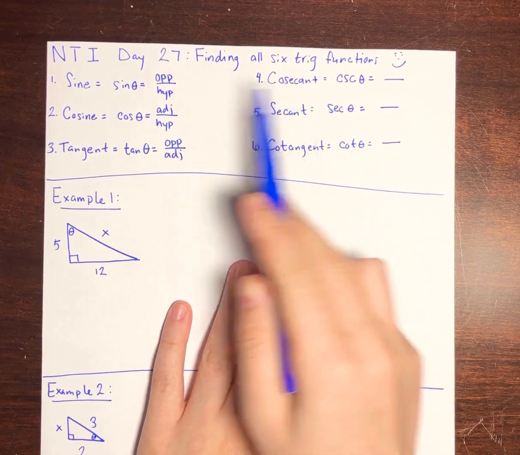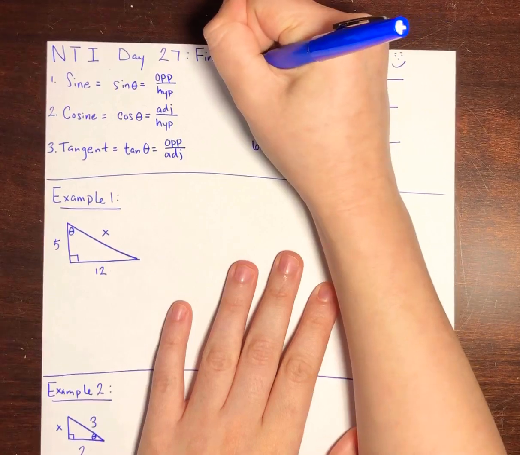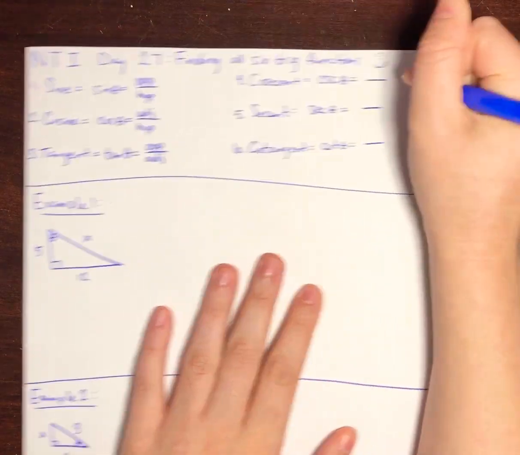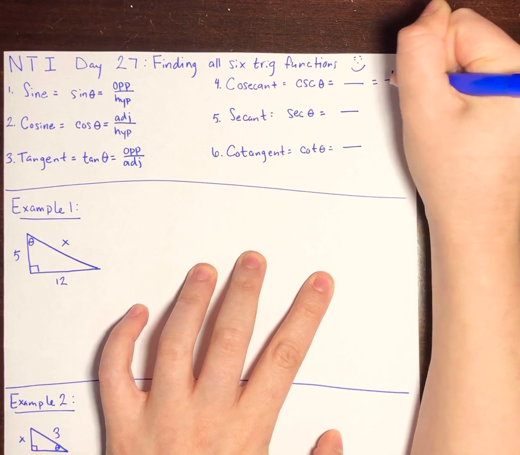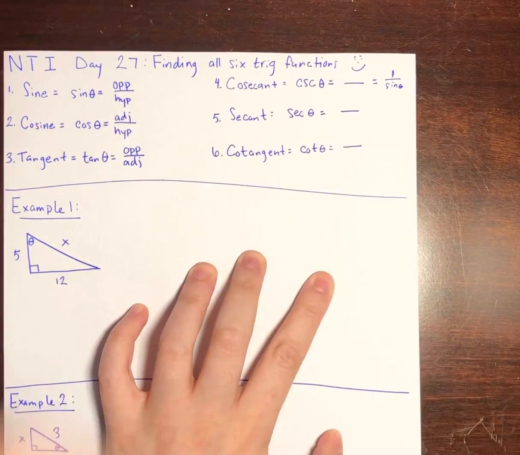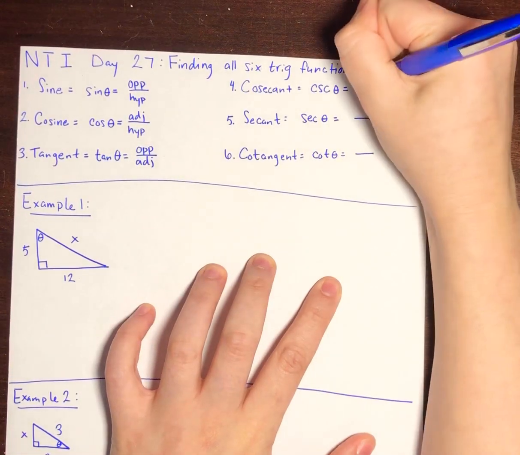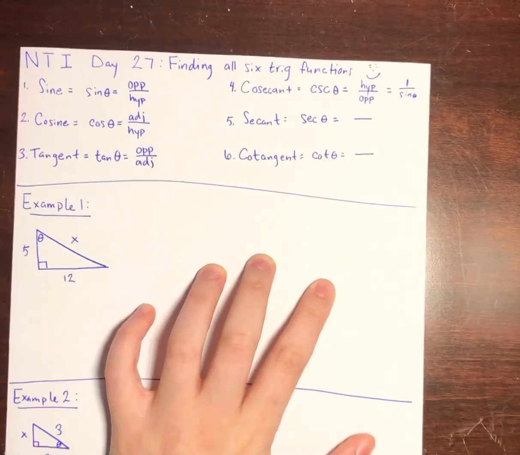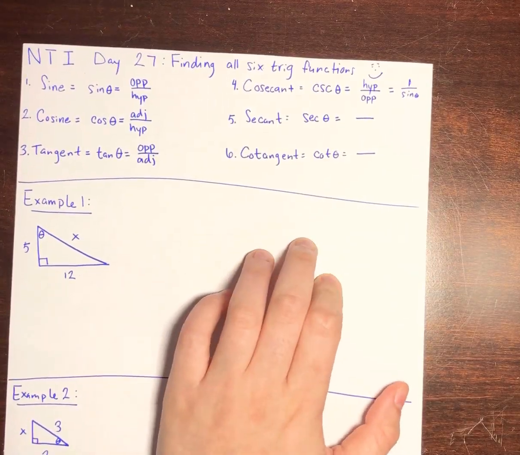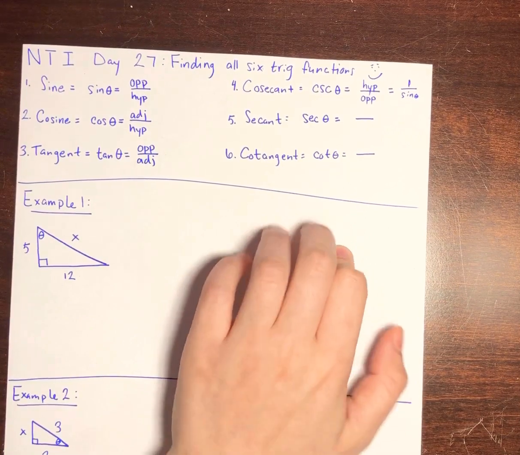And cosecant is the reciprocal of sine, which just means that it's equal to 1 over sine, which is the same thing as just taking our opposite over hypotenuse and flipping it to be hypotenuse over opposite.